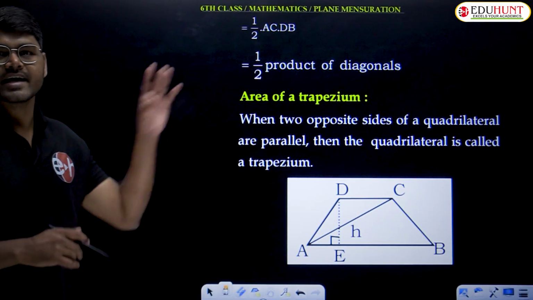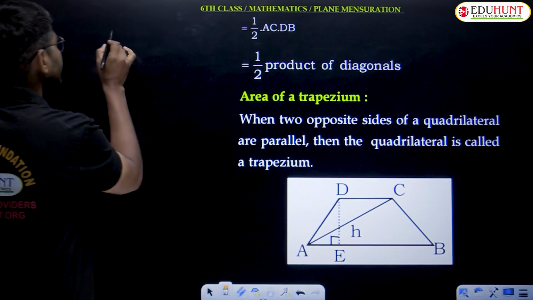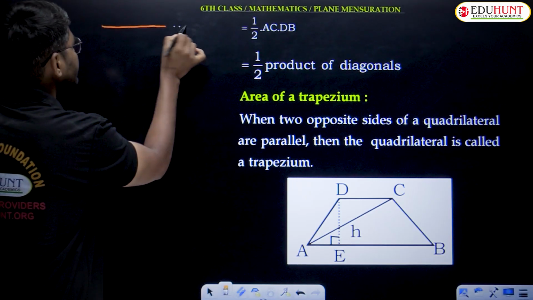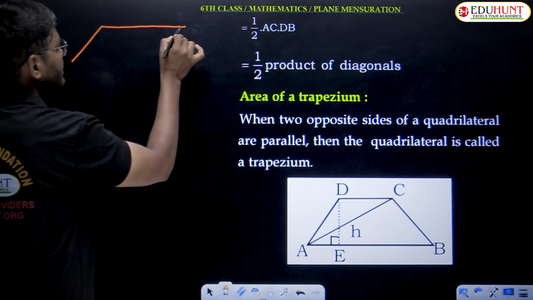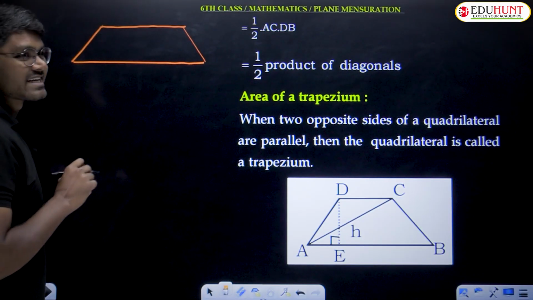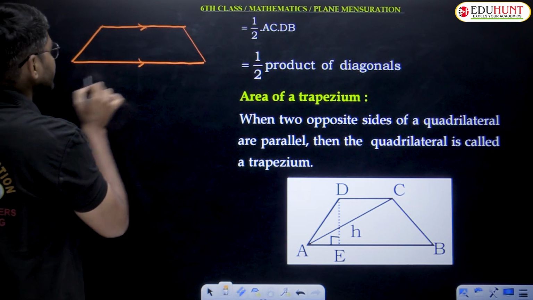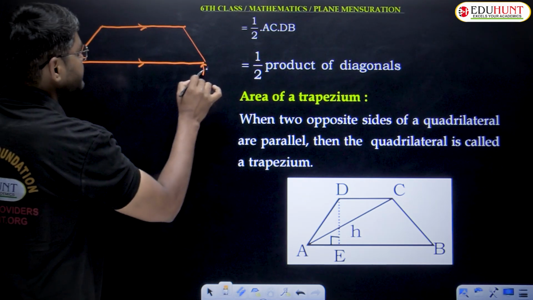Now let's see the area of a trapezium. First of all, we should know what is a trapezium. It is a quadrilateral in which one pair of sides are parallel. That is, these two sides are parallel. Let it be ABCD.